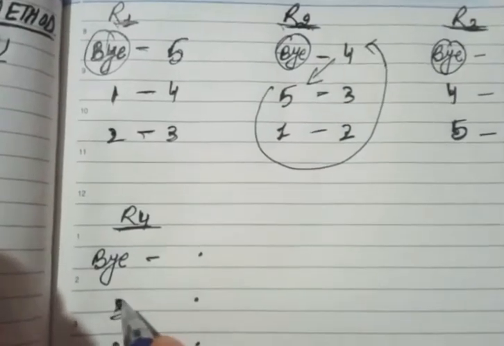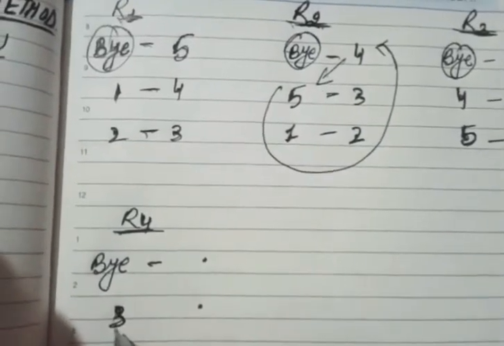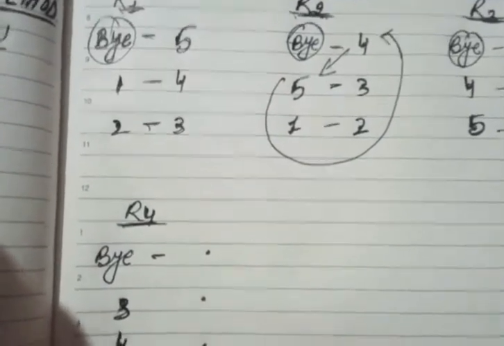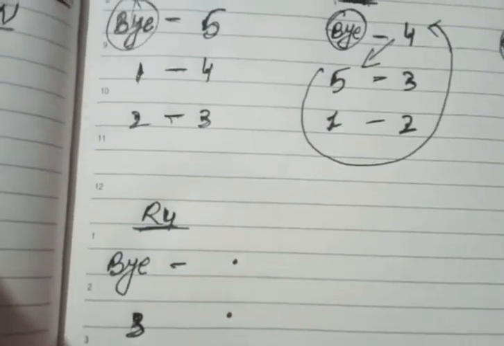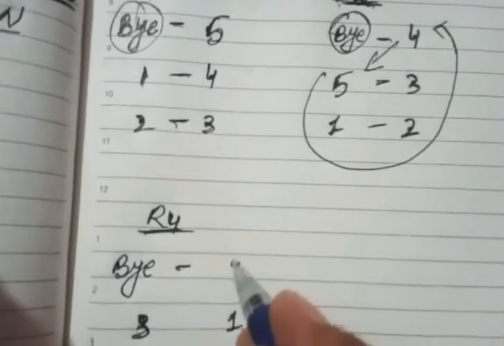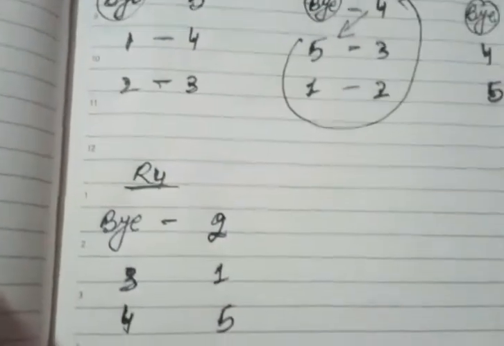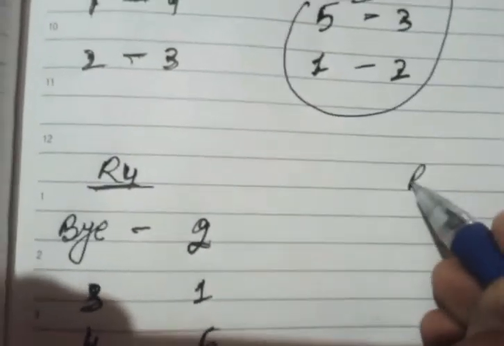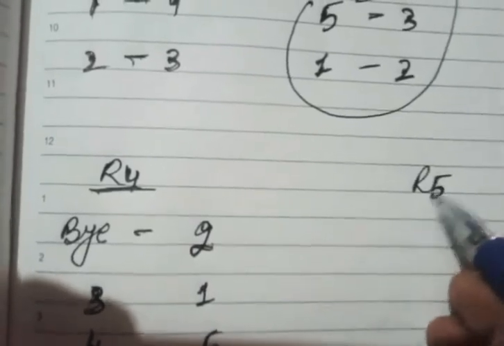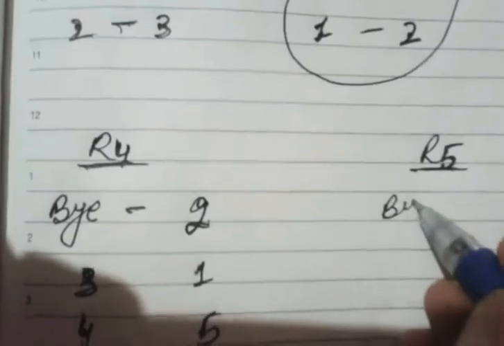similarly for round 4, the change in the position of the teams takes place by one step by considering the previous round only, right? In round number 5, it will appear like this.